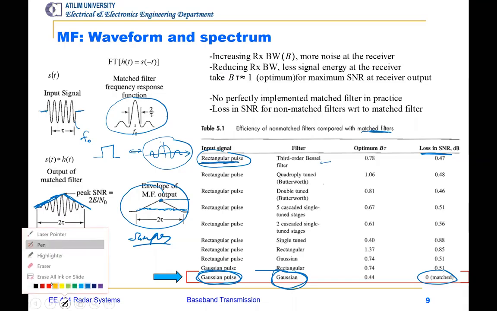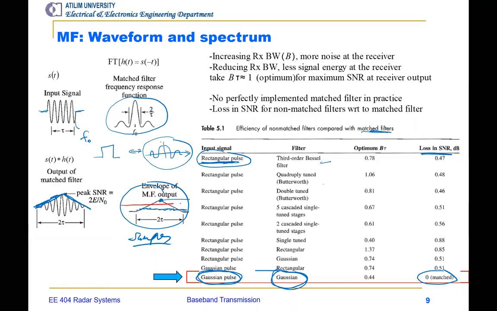Simply, we put a threshold here, for example, like this. If there is noise at the input, the sample will be below this threshold, and we declare that there is noise, not an echo signal. While if the sample is above this threshold, which means that the input signal is a sinusoid, then we report that there is an echo signal.